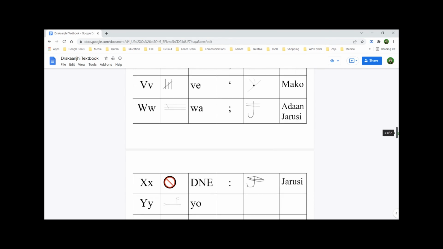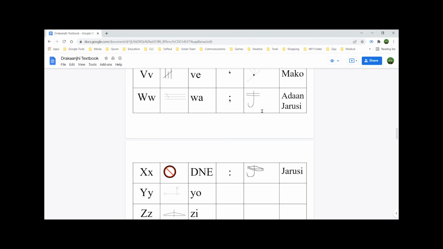Now, the next symbol after that is the semicolon, which is known as an adan jarusi. Bit of a mouthful, but that's what it's called, adan jarusi, and it's used the same way as a semicolon in English. It's used to connect two sentences that can also stand as separate sentences on their own.